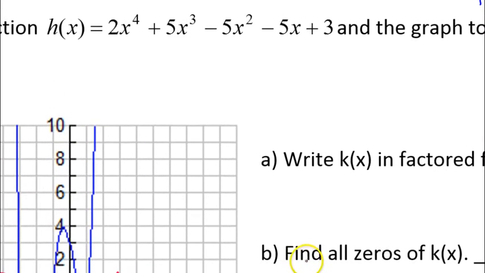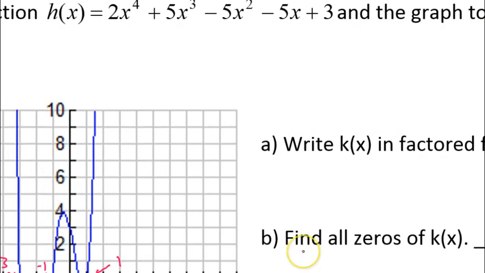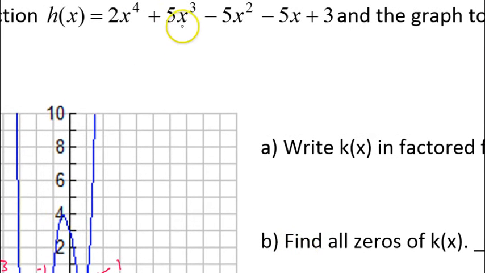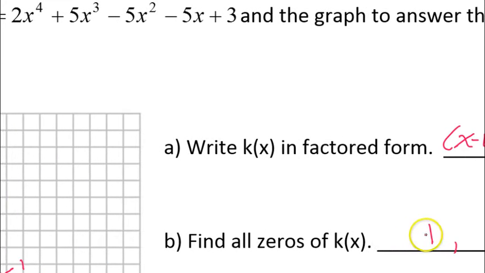So I'm going to use synthetic division to find out what's going on. I've got this 2, 5, negative 5, another negative 5, and 3.